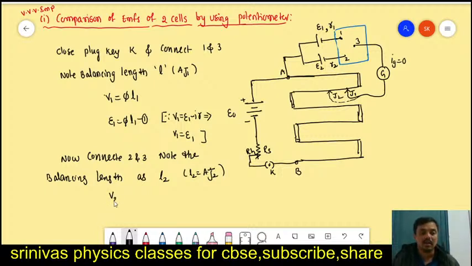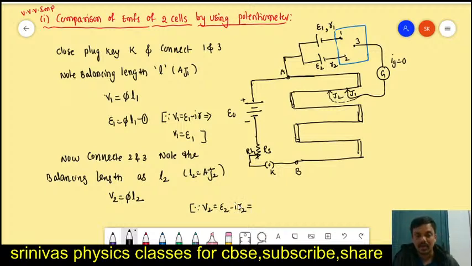At the moment, according to the potentiometer principle, we write V2 equals phi L2. V2 is the potential difference across AJ2, which is equal to the potential difference across the second cell, because the second cell is inactive when 2 and 3 are connected. Potential difference across the second cell we write as E2 minus I R2, because we know the formula V equals E minus IR.